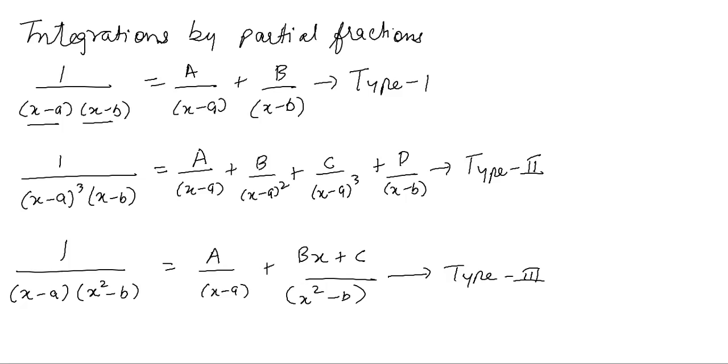So let's try to do the very first sum of your exercise 7.5 to get this more clearly. Here it is given x dx upon x plus 1, x plus 2.